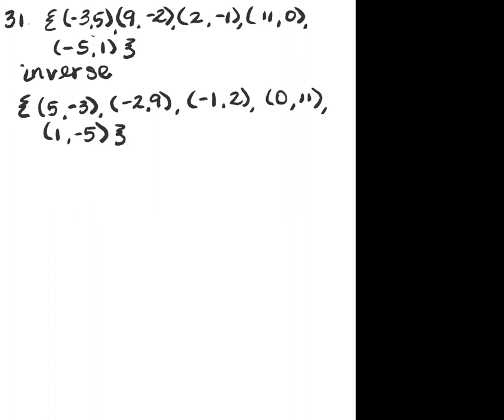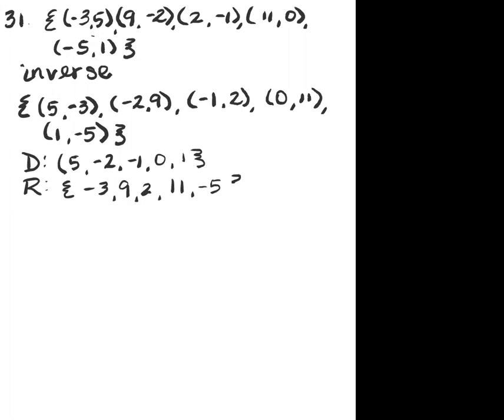Okay, and then we would take domain and range from the inverse set. So domain would be 5, -2, -1, 0, and 1. And range would be -3, 9, 2, 11, and -5.